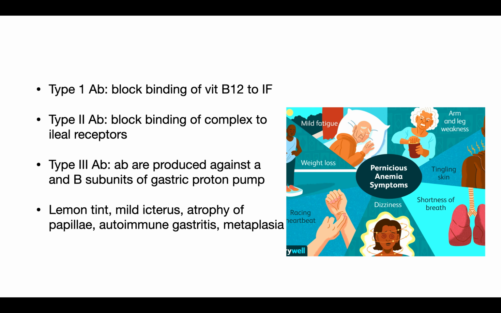So basically, there is not going to be any hydrochloric acid to help the intrinsic factor be activated and absorbed. In these patients, they have a yellowish skin, mild icterus, atrophy of the papillae. They also present with autoimmune gastritis and metaplasia of the gastric and esophageal junction.